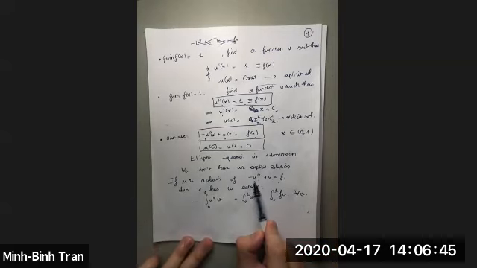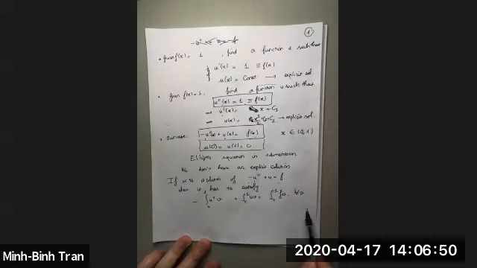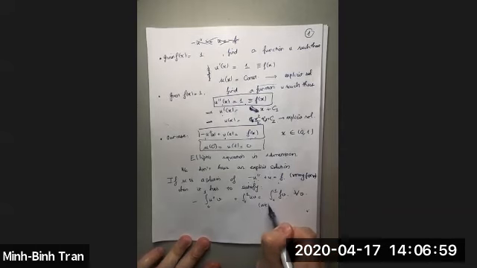If u is a solution of this equation, then it has to satisfy this for all v, because you just pick any v, multiply it with this equation, and integrate. So it also has to satisfy this equation. This is the strong form, and this is the weak form.